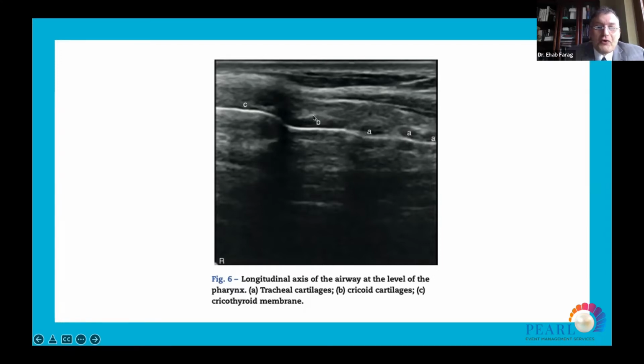And this is the cuboid-shaped cricoid cartilage. And here, the C is the cricothyroid membrane. And it is, as you see, hypoechoic, and beneath it, the hyperechoic air-mucosa interface.